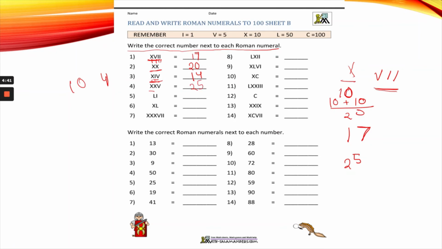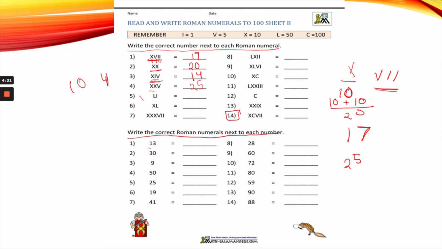Okay, so from 5 to 14, these sums you can do at your home. So now come to the next one. Write the correct Roman numeral next to each number. In the previous one we had to write the Hindu Arabic numeral, but here we have to write the Roman numerals.